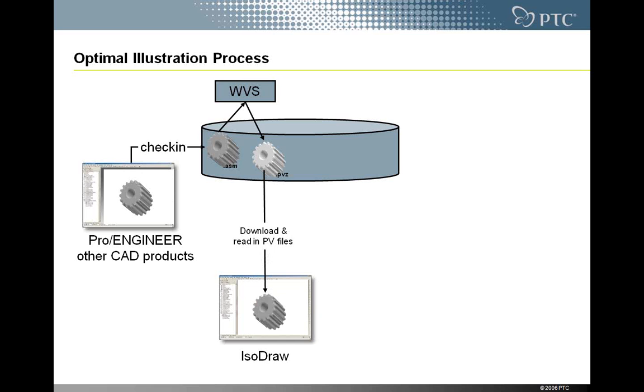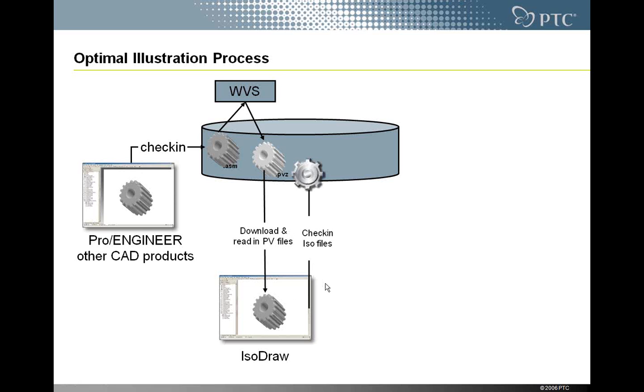I know that a lot of companies today may not have a person with the title of illustrator, but if they do, I'm really happy to hear that. But you may have writers, illustrators, there's even analysts that are doing illustration today. So that's why I say whoever's responsible for the illustration task, they're going to create their illustrations using all the resources that they have available to them inside of IsoDraw. And once they're finished, they check that back in.